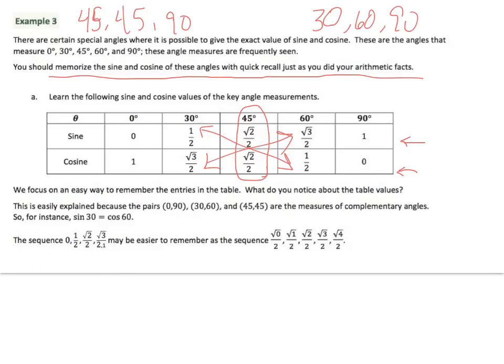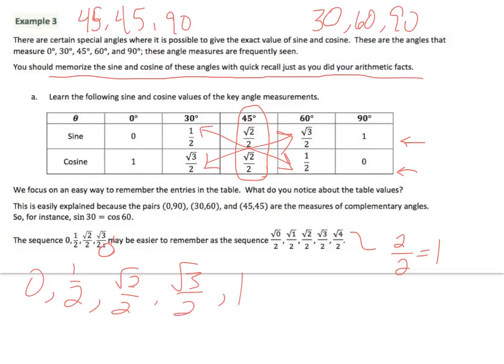The sequence 0, 1 half, square root of 2 over 2, square root of 3 over 2, and 1 may be easier to remember than the sequence 0, 1, 2, 3, 4 all square root of, all over 2, because this one right here simplifies to 2 over 2 or 1. So it may be easier to remember this sequence than this one.